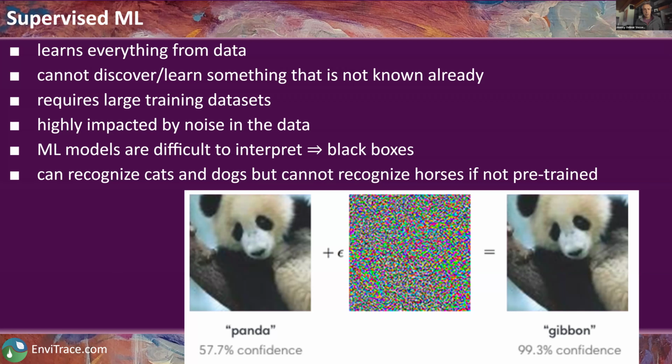And this labeling process is the most important for supervised machine learning. You need to have labels. It requires a large training data set. Typically, we use millions of images to learn to recognize cats and dogs. However, we don't really understand how the algorithm distinguishes between cats and dogs.